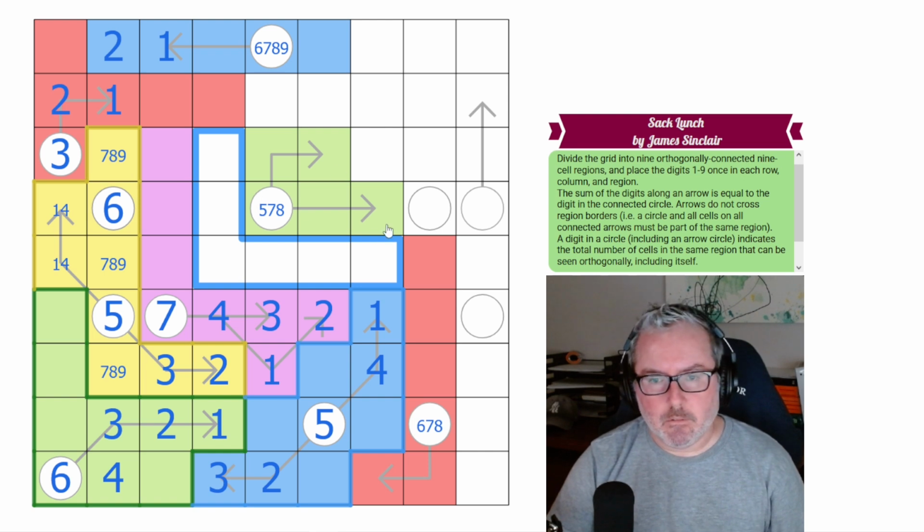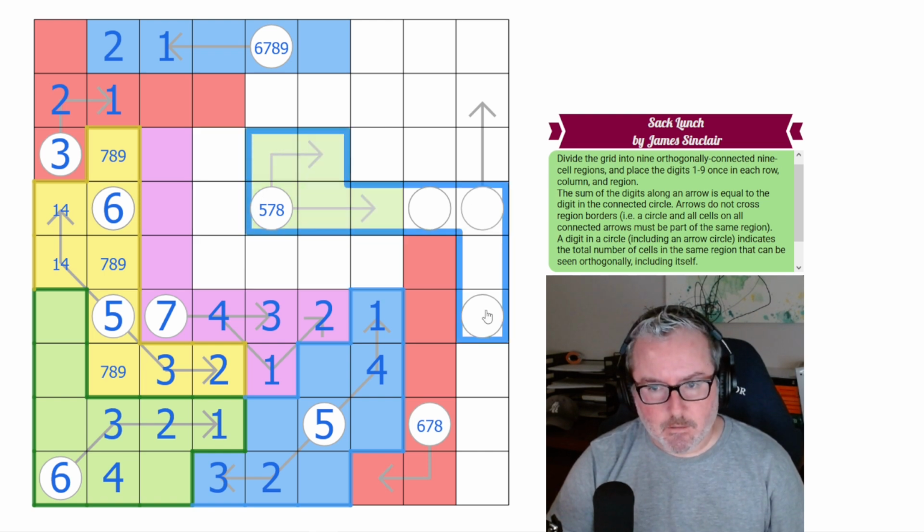Because if the green did this, we're forcing these to be red, and that finalizes red. So this is done, this is done, this is done. So the only two that can go into this, because we obviously can't put any more into the green, is purple and red.